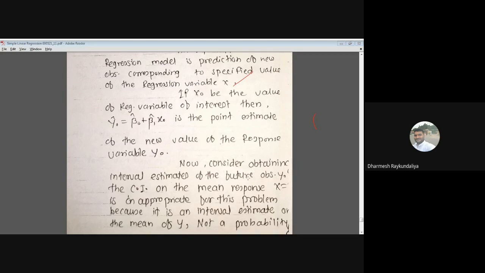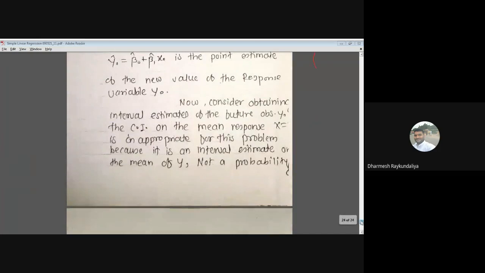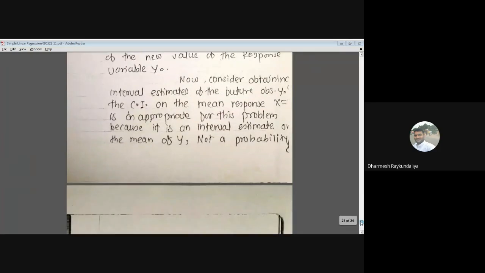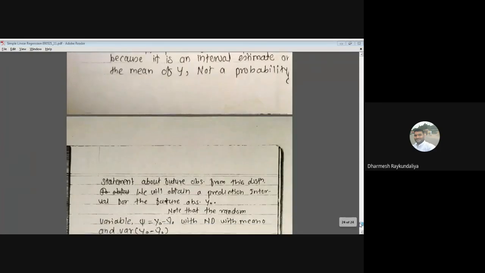Now consider the interval estimate of the future observation y0. The confidence interval for the mean response at x equal to x0 is not appropriate for this problem because it is an interval estimate of the mean of y, not a probability statement about the future observation from the distribution.